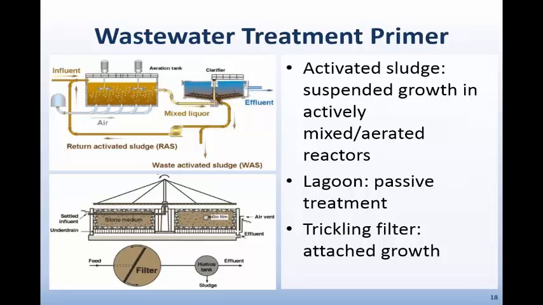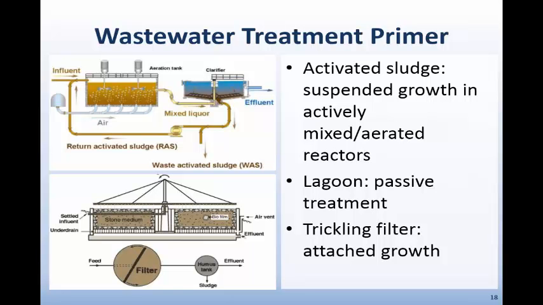Attached growth basically means that the microorganisms, instead of being free floating in this mixed liquor, have a solid substrate to grow on. Generally, in most trickling filters aeration is passive. It's just what comes in as the wastewater trickles through the filter, but there are instances where there's forced aeration by blowing air into the bottom of the filter.